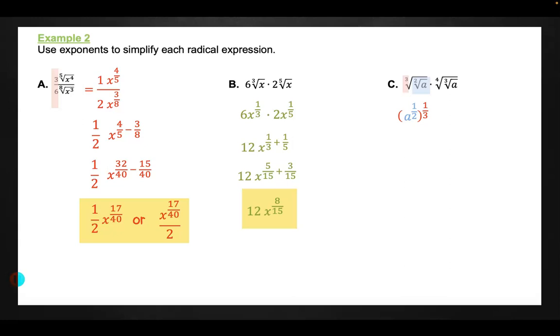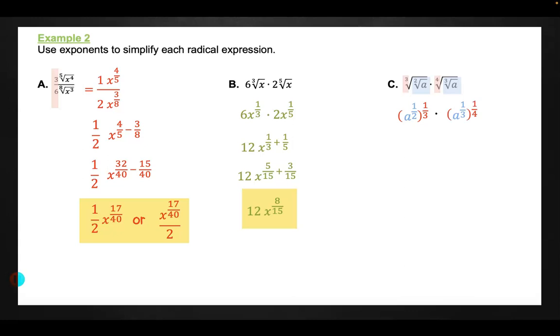My exponents are all 1, so the numerators of those rational exponents are all 1. That's being multiplied by, again, look at the inside: the cube root of a, which is a to the 1/3. And then I have the 4th root, so I'm raising again to the 1/4 power.